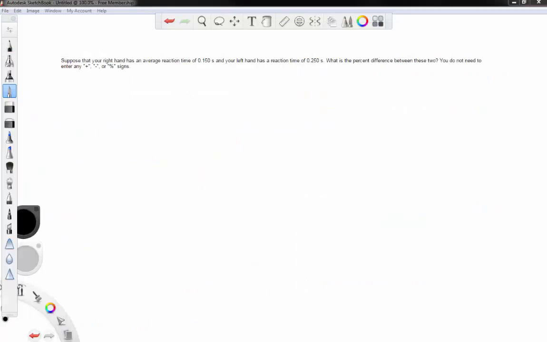So the equation says that PD is equal to y minus x over y plus x over 2. Okay, so this over 2 part we could have written, for example, as divided by 2. And then that's times 100%. So what are x and y?